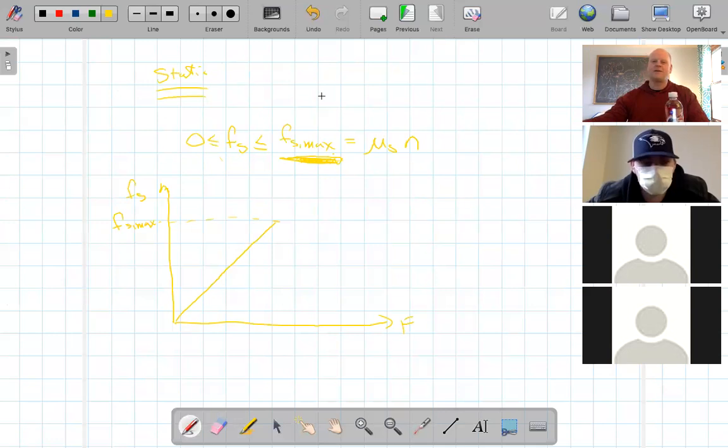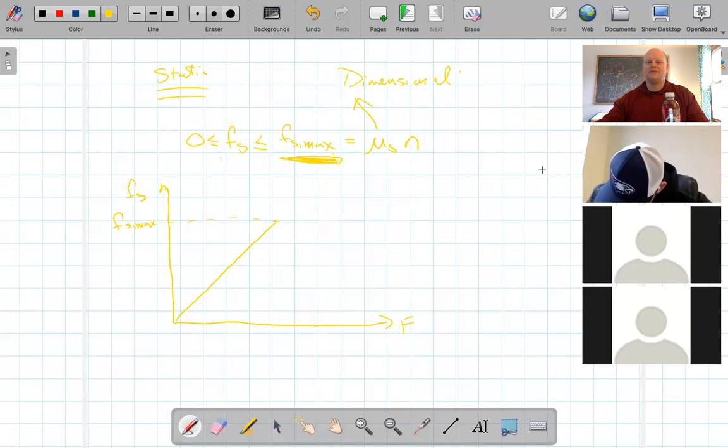Okay? Let's talk about the coefficient. If this is a force and this is a force, this thing has to be dimensionless. So coefficients are dimensionless quantities. So it has no units.